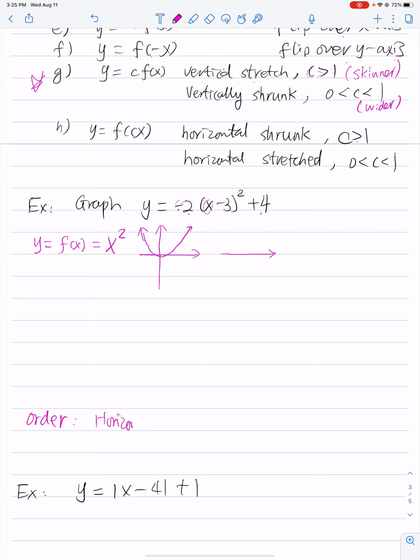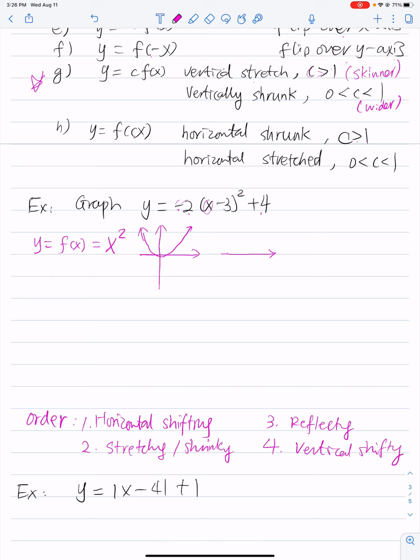Horizontal shifting. Then step 2, stretching or shrinking. Step 3, reflecting. Step 4, vertical shifting.